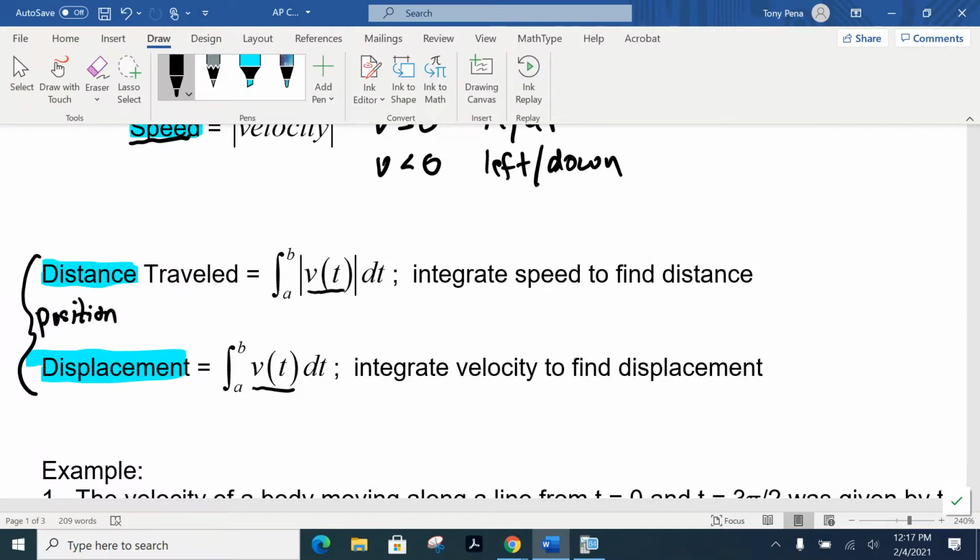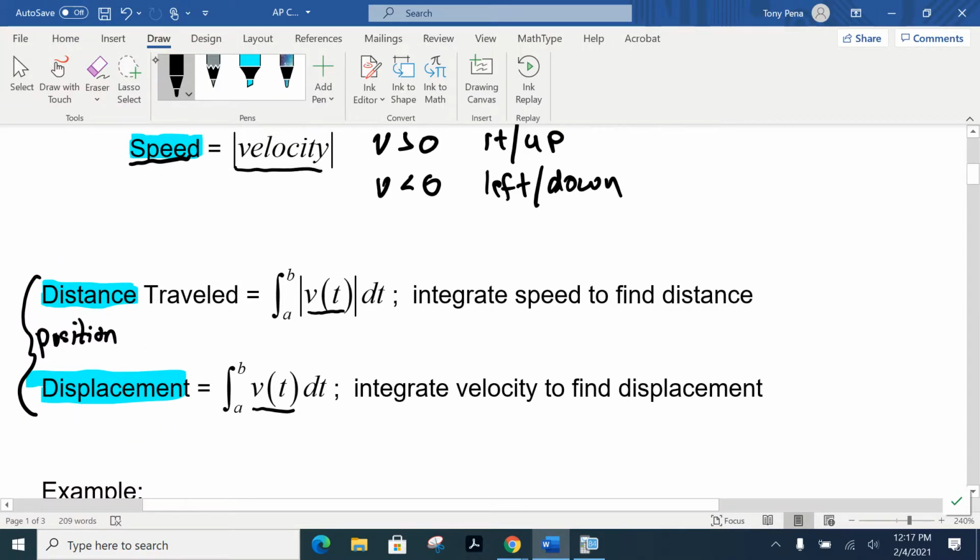But if you notice, if I want the distance, we're not just integrating the velocity, we're integrating the absolute value of the velocity. And we just define the absolute value of our velocity as the speed. So in order to figure out our total distance traveled, we want to integrate our speed, which is really the absolute value of our velocity function. If I simply want displacement, we're just integrating our velocity.